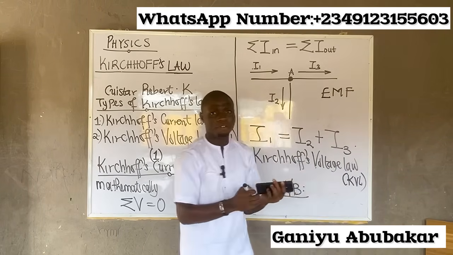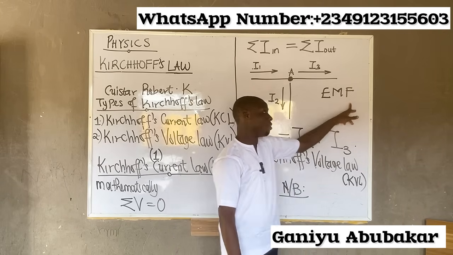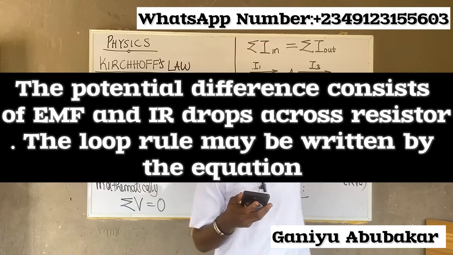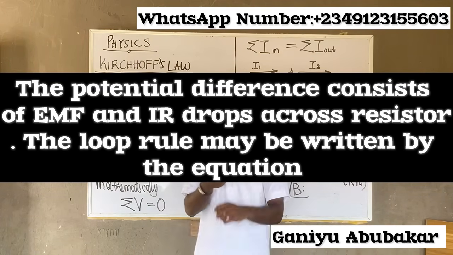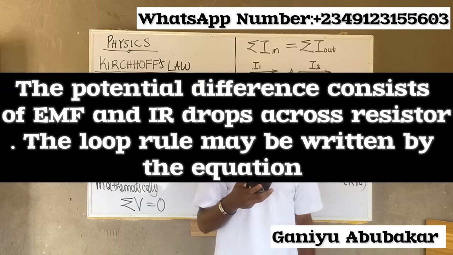What is EMF? EMF means electromotive force. So I'm saying that the potential difference consists of EMF, that's electromotive force, and IR drop across a resistor.